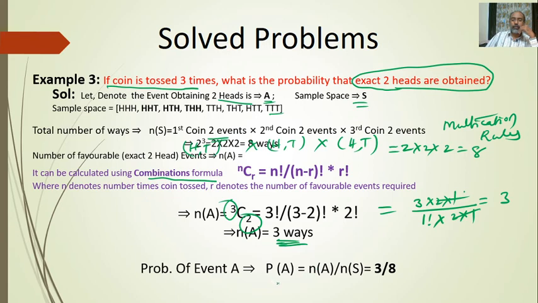So we'll take the probability. Probability is measured in a decimal point. That means in between 0 and 1. So P of A is equal to N of A divided by N of S is equal to 3 by 8.